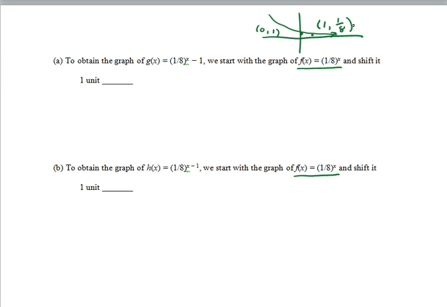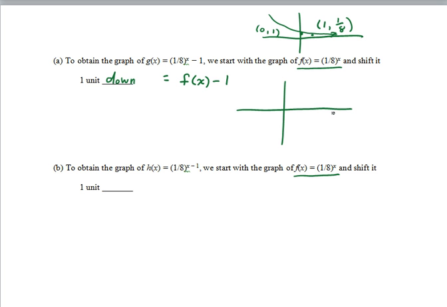Now looking at g of x, we see that g of x is the same as f of x minus 1. So the graph will take all of the y values in f of x and subtract 1 from them. This will result in moving the graph down 1 unit.